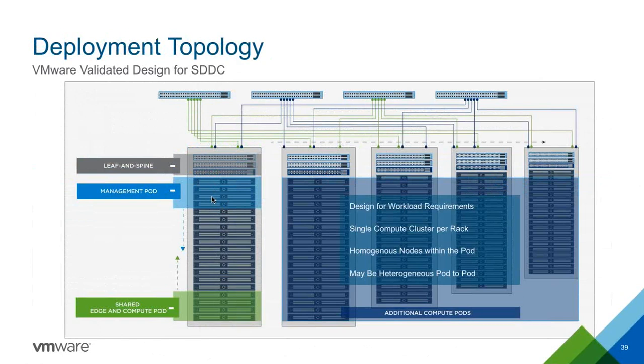It would be vertical versus horizontal today. I'll underscore today. And of course, you want to make sure your nodes are homogeneous within the pod, meaning let's make sure we have all the same type of hardware defined, especially if you're using vSAN. You can go heterogeneous across racks if you want to, because your clusters aren't spanning horizontally across the racks. Again, that may change in the future.